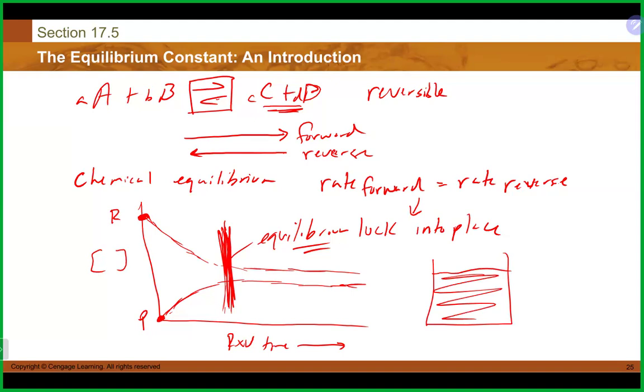There is a relationship in an equilibrium reaction that is known as the equilibrium constant, and that is capital K. We calculate it based off of the balanced equation and the coefficients.